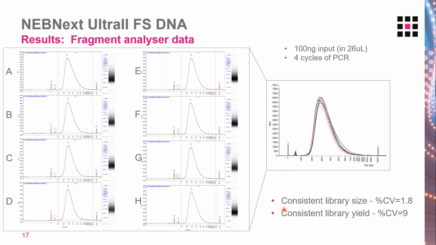To note here, all our fragment size distributions for all 8 samples overlay. This indicates that we're getting consistent library size distribution for all these samples. And it does show that the yield from the library prep is also consistent across all samples.